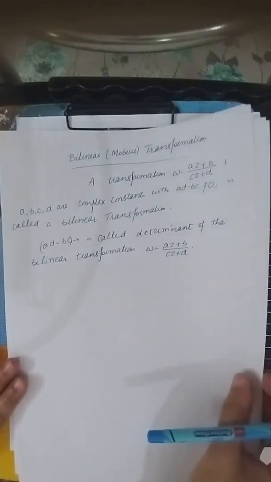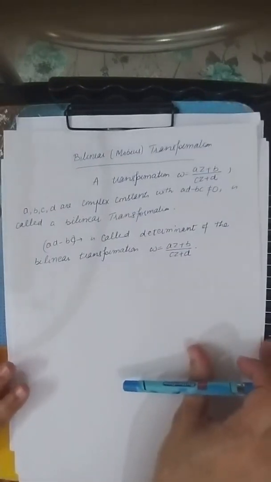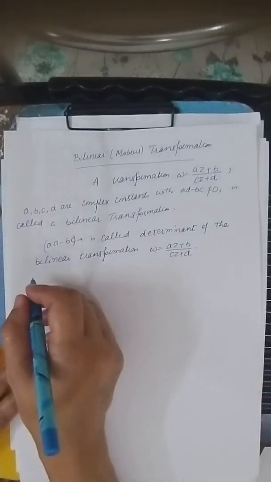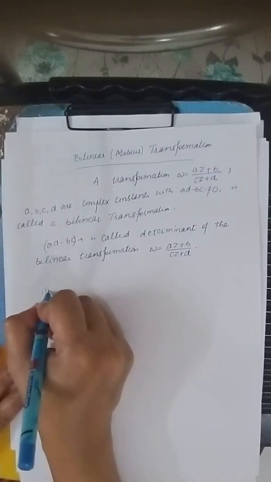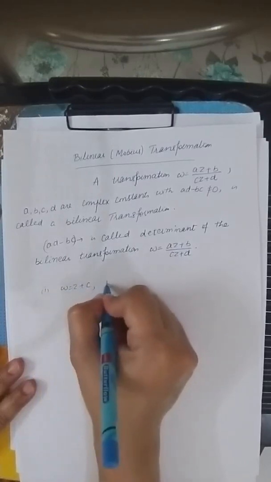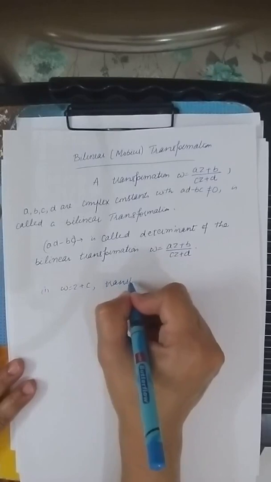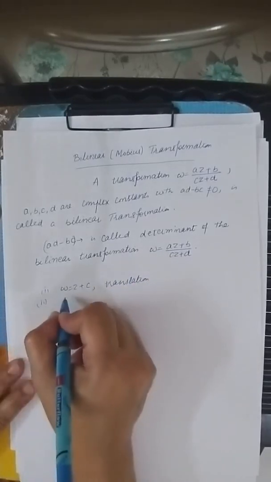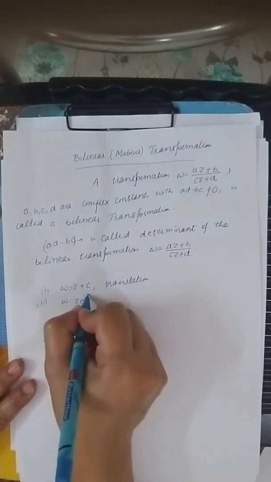And every transformation W equal to AZ plus B over CZ plus D, where AD minus BC is not equal to 0, is the combination of the four basic transformations. First, W equal to Z plus C, the translation. Second one is rotation, W equal to Z e power iota theta naught.